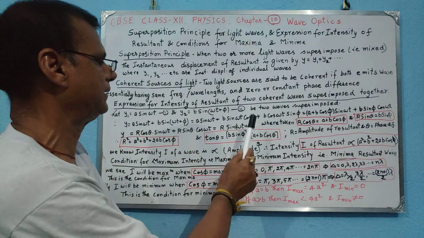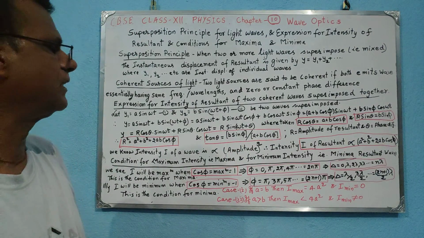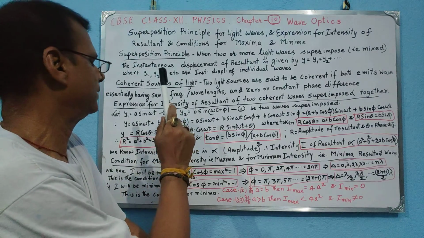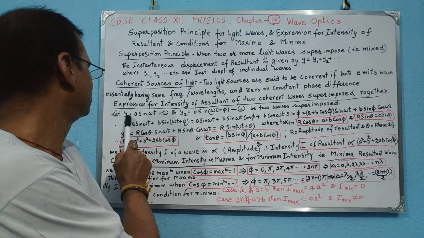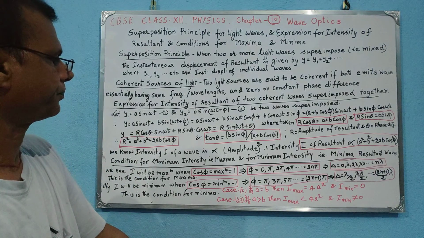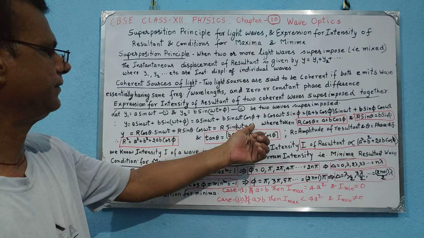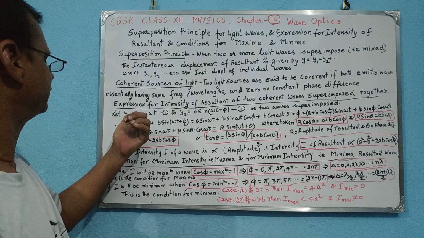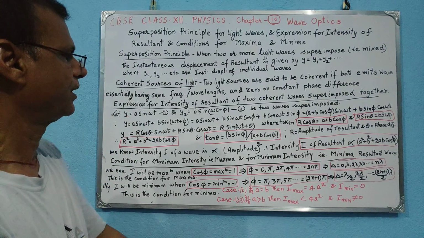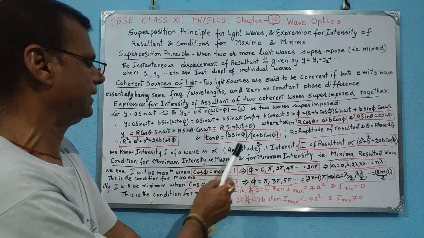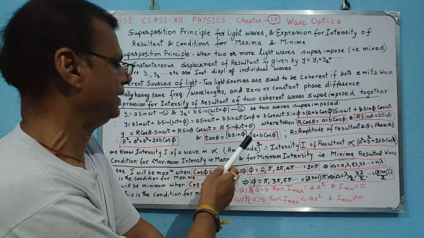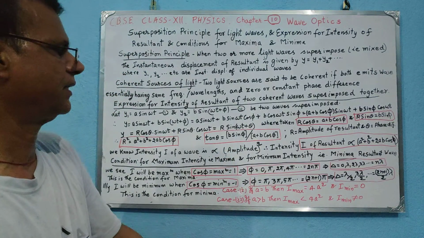And what is theta? Theta is the phase difference between the resultant wave y and the superimposing wave y1, and that is given by the relation tan theta is equal to b sin phi divided by a plus b cos phi.